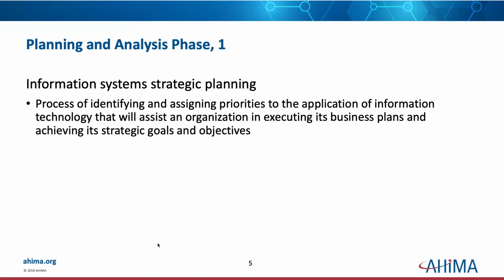They have usually a long-term plan that may be up to 5 years out, and they may have a shorter one that may be 2 to 3 years out that they work on that helps them build toward that 5-year plan. That strategic plan looks at the organization as a whole, every aspect of the organization.